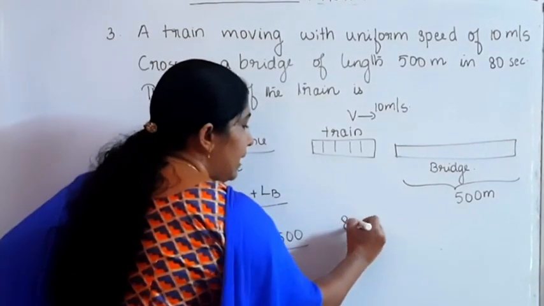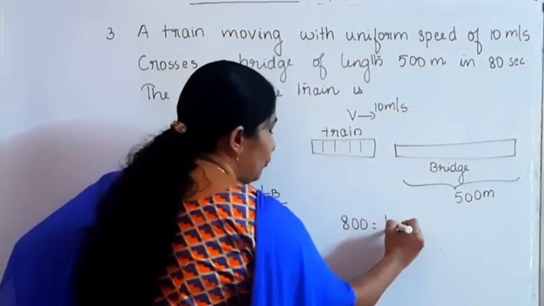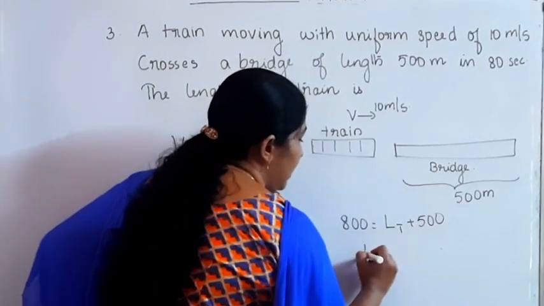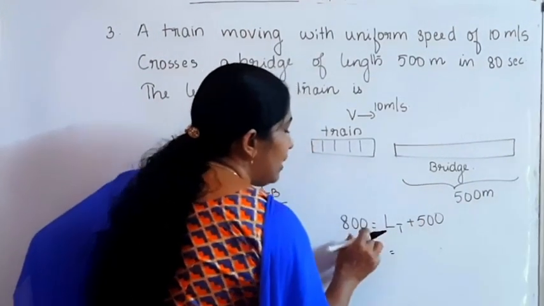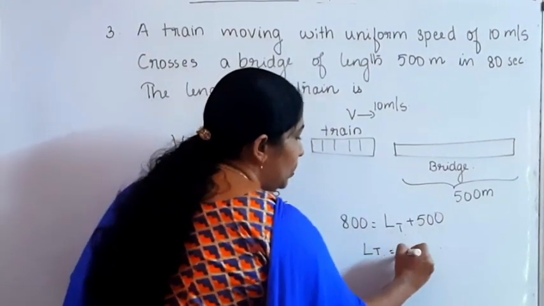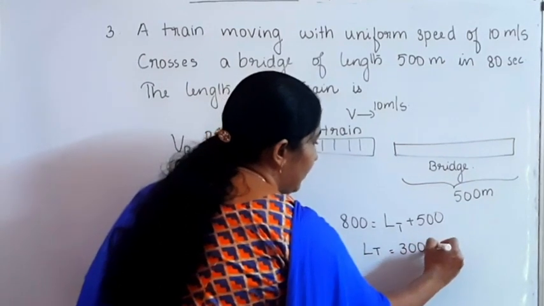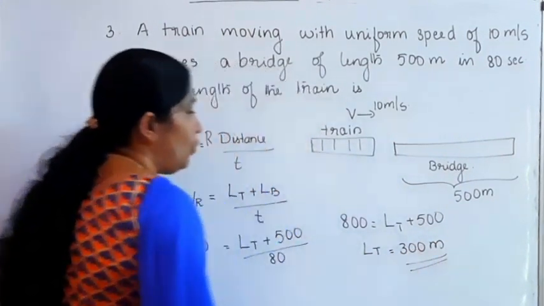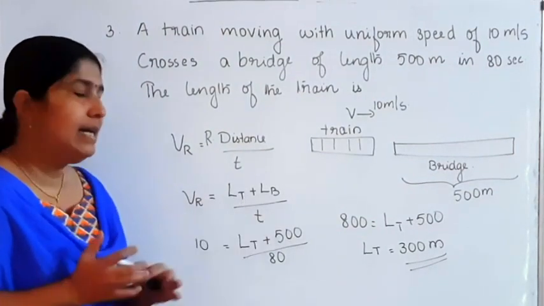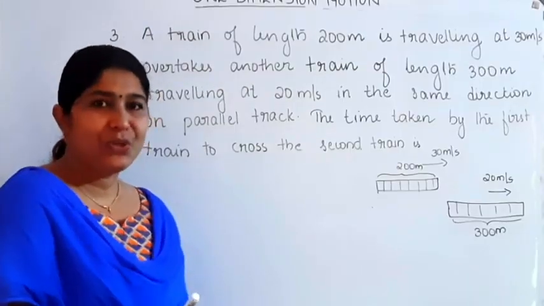Then 800 equal to length of the train plus 500. Okay, from this, length of the train is equal to 800 minus 500, that is equal to 300 meter. Okay, length of the train is equal to 300 meter. Okay, that's the answer. Next question.